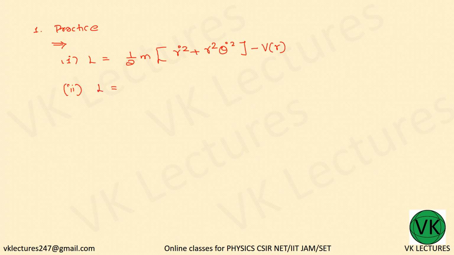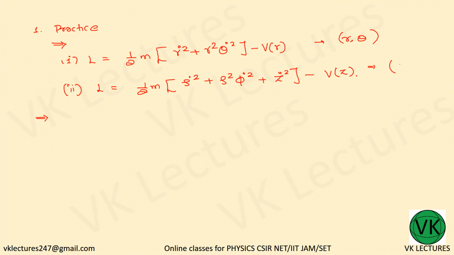L is equal to half m rho dot squared plus rho square phi dot square plus z dot square minus V of z. So these two you can take up, and here you have generalized coordinates as r, theta, and here we have generalized coordinates as rho, phi and z.